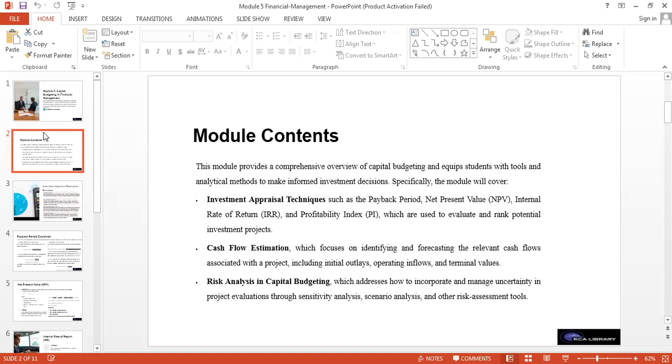And lastly, we will look into risk analysis in capital budgeting. This addresses how to incorporate and manage uncertainties in project evaluation through sensitivity analysis, scenario analysis, and other risk assessment tools. So these are the things that will be done in this module.